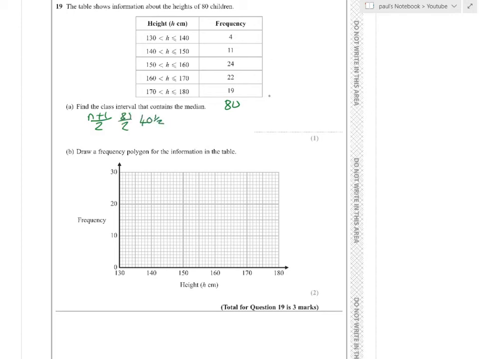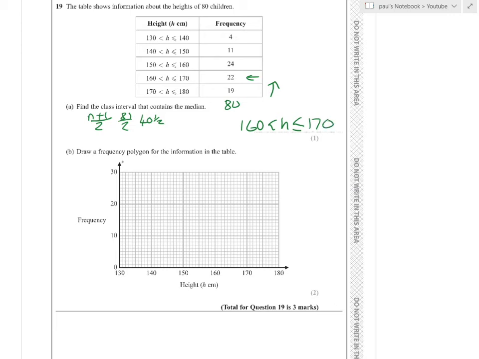So we need to count up to 40 and a half. 4, 15, 39, 41. So it's going to be that one, which is 160 less than h less than or equal to 170.